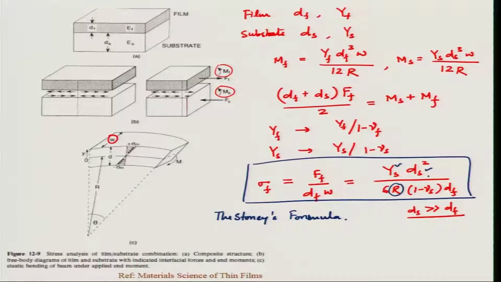The thickness of your substrate is known, the thickness of your film is known, Young's modulus of your substrate is known, and the Poisson's ratio of your substrate is known. Then you can use this expression to calculate the stress in the thin film. But the important thing is that you need to know the radius of curvature.